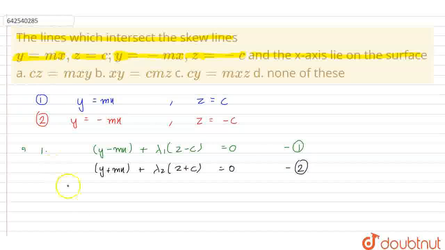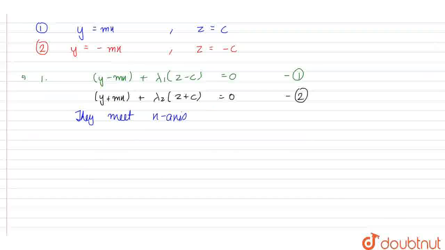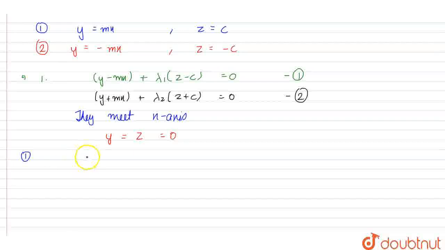Now it's given that both these planes meet on the x-axis. So we'll find the point where they intersect the x-axis. For the x-axis, we put y equals z equals 0. In the first equation, we get minus mx minus c into lambda 1 equals 0.